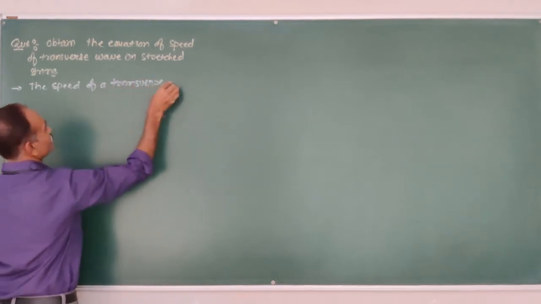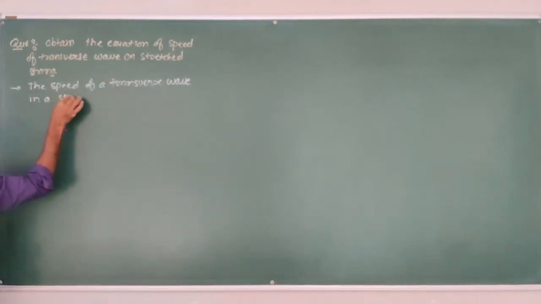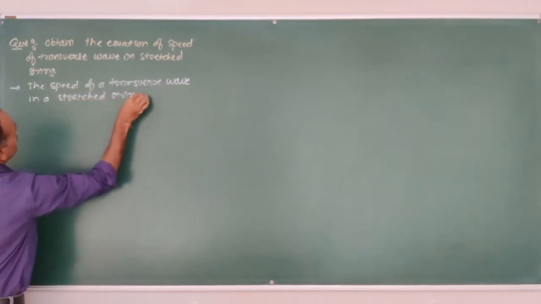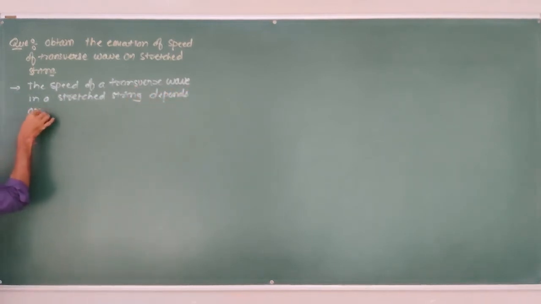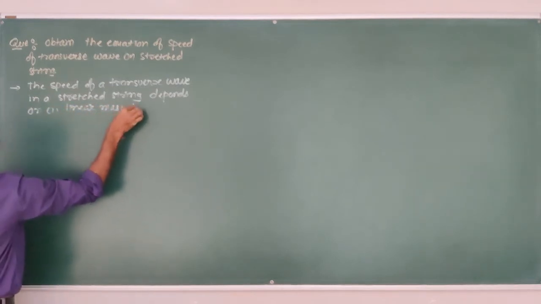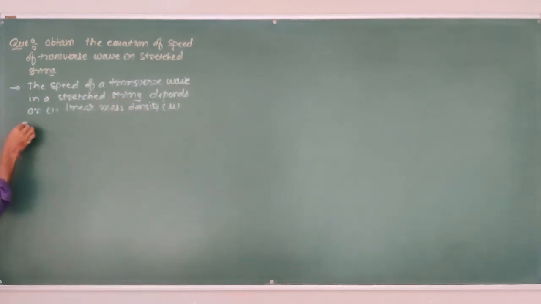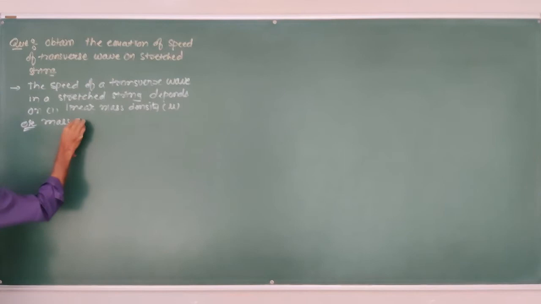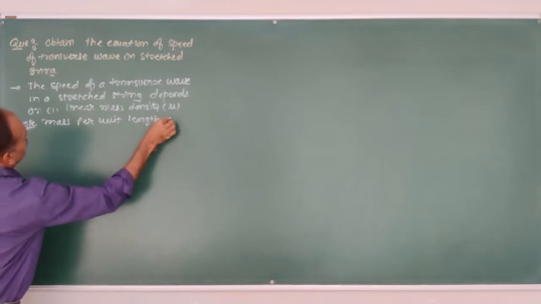the speed of a transverse wave in a stretched string depends on, first, the linear mass density, denoted by mu, also known as mass per unit length of a string.